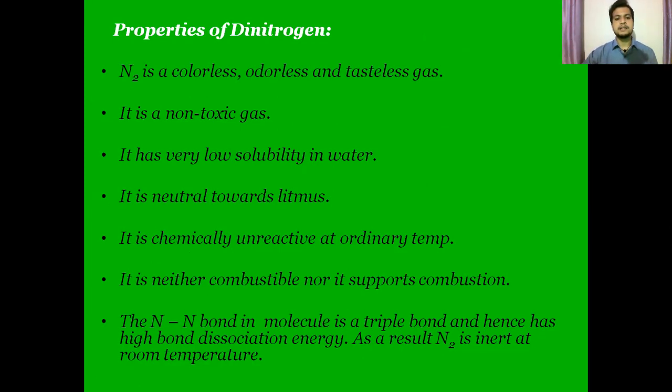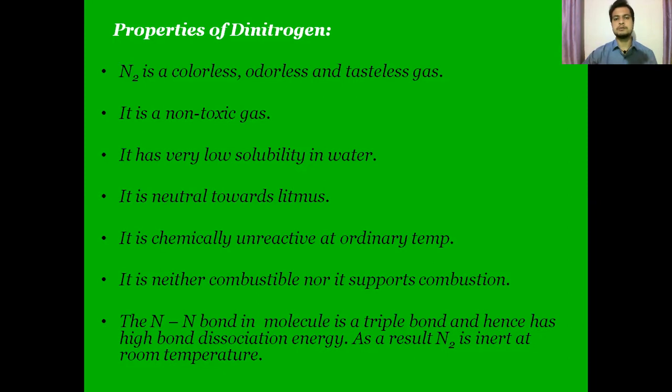Remember that the chemical inertness of this molecule is because of the triple bond between the two nitrogens. The bond dissociation energy of this molecule is very, very high, as a result of which it remains inert at room temperature.